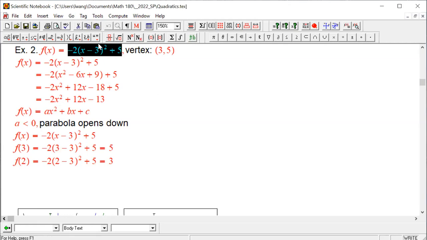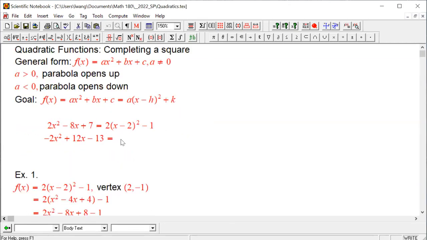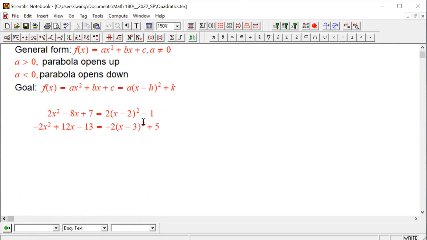So we're going to reverse the process, and we're going to show you how we do that. We're going to start from simple examples: how to make a perfect square.